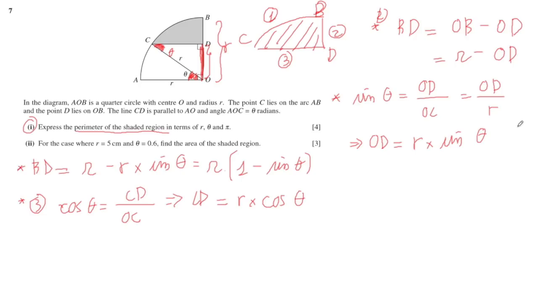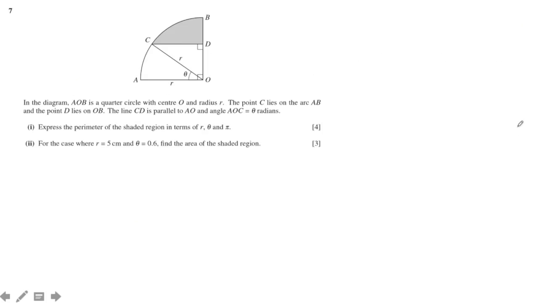Okay, I have to write down outside the results: BD is R times (1 minus sine phi), and CD is R times cos phi.